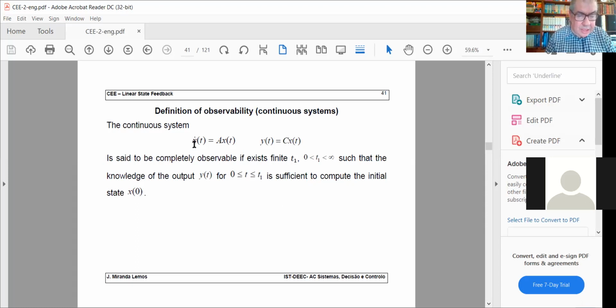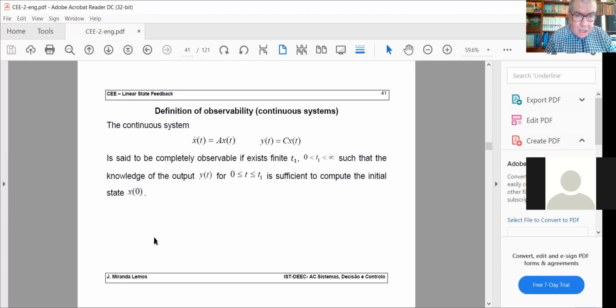Suppose that you have a system described by x dot equal to Ax, so no input, okay? And you have an output which is y equal to Cx. I say that the pair (A, C) is completely observable if you observe the output for finite periods of time and you are able to compute the initial condition x0.